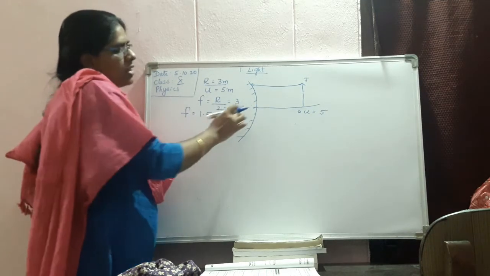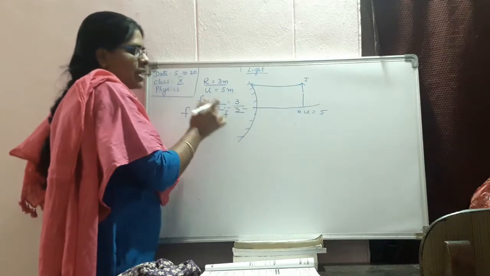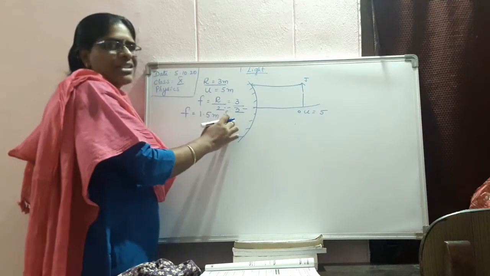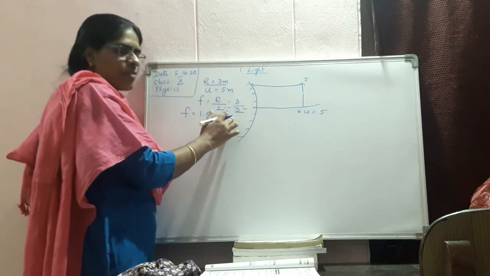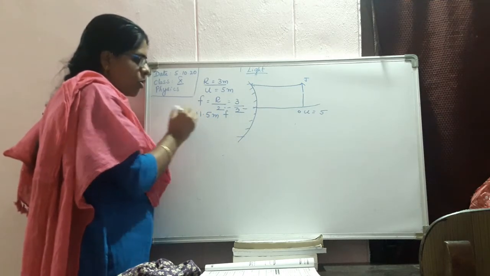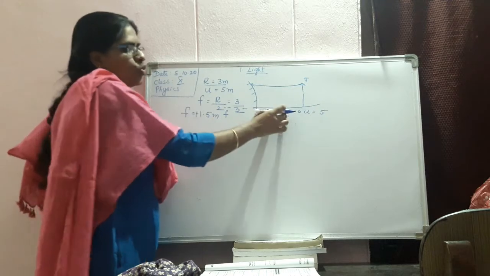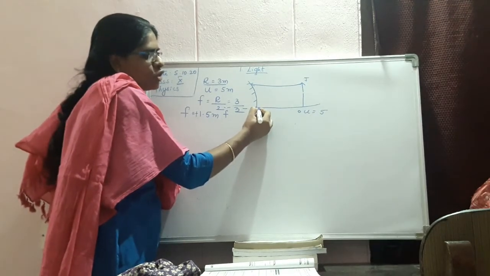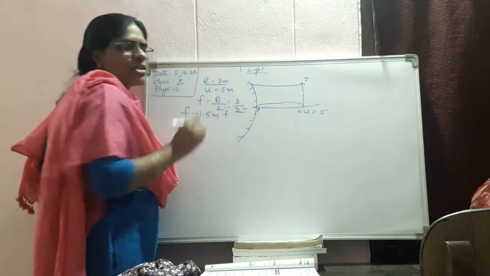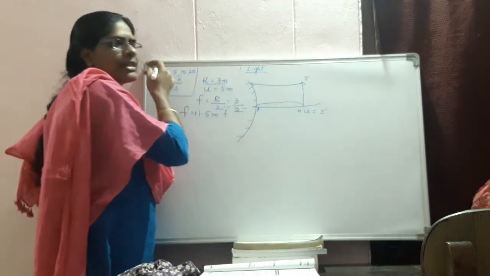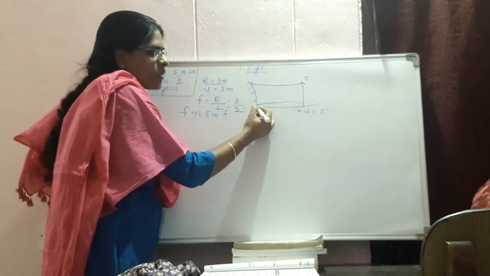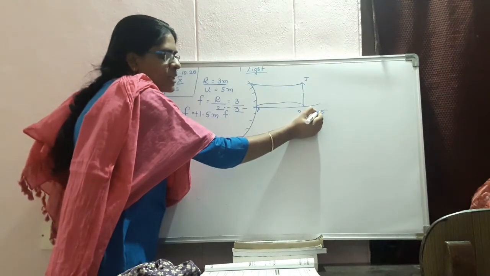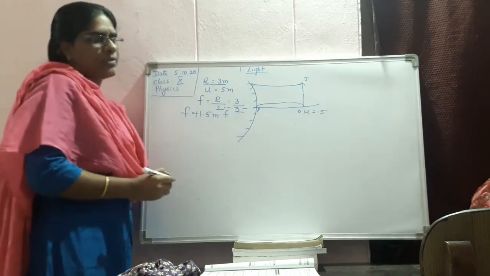Now in the direction of the incident ray, all the distances must be taken as positive. Hence f must be taken as positive. u, from pole to the object, we call it object distance. Rays are moving from right to left and you are measuring from left to right, hence u must be taken as negative.